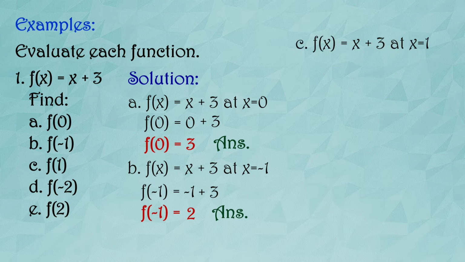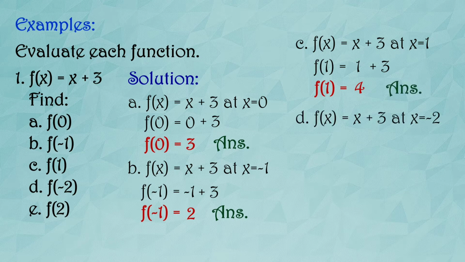Letter C, f of x equals x plus 3 at x equals 1. We just replace x with 1. So, 1 plus 3 equals 4. So, f at 1 is equal to 4. Now, letter D, f of x equals x plus 3 at x equals negative 2. We replace x with negative 2.